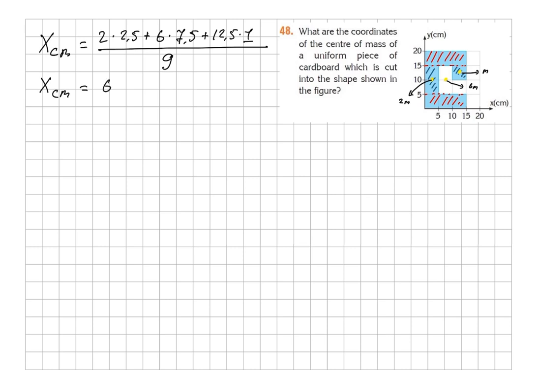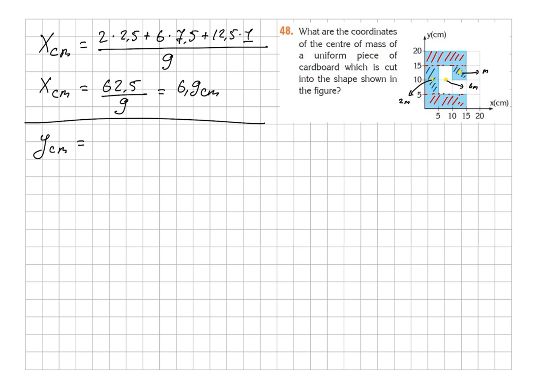You have to get 62.5 over 9. It's probably approximately 6.9 centimeters.